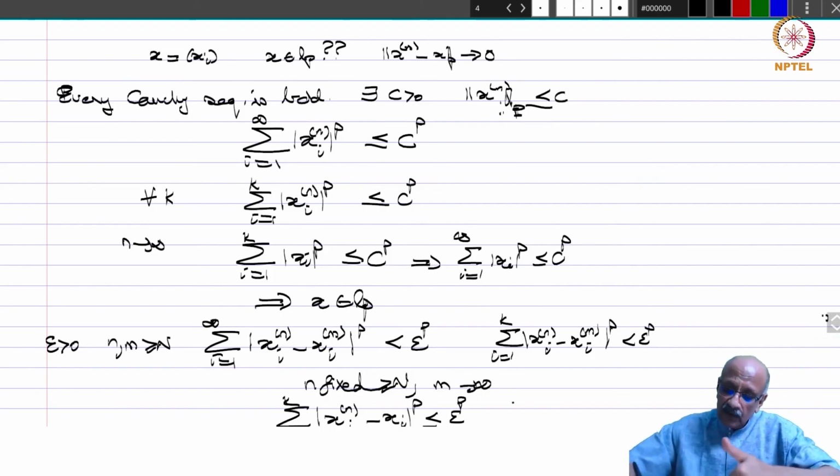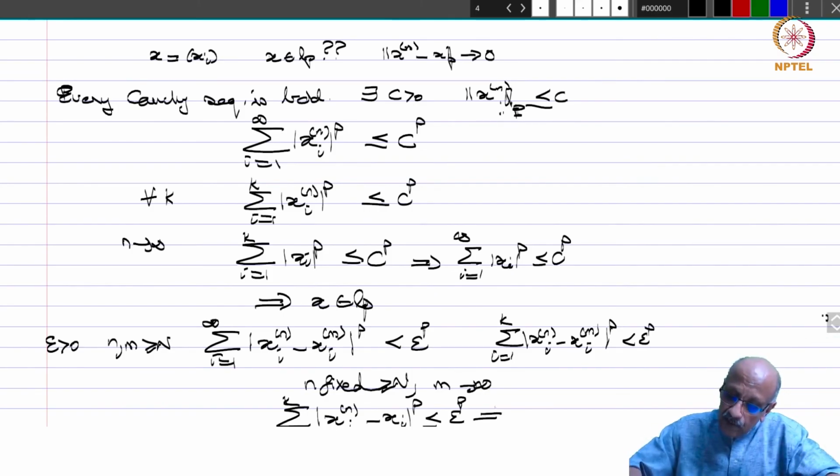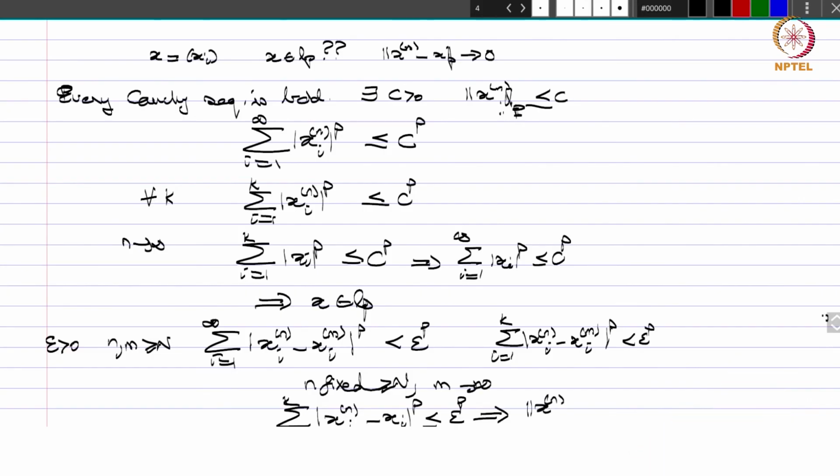And now this is true for every k, and so this means that ||x_n - x||_p is less than or equal to epsilon for all n greater than or equal to N. And that means that x_n - x goes to 0.